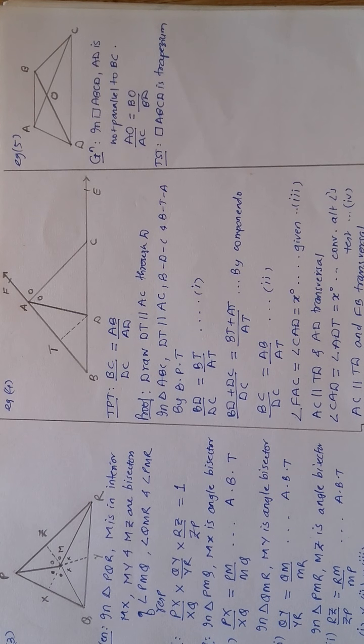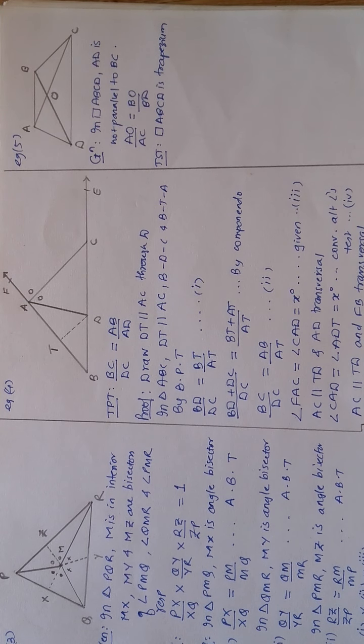Coming to the next question, a quadrilateral ABCD is drawn. The diagonals meet at point O. But one important piece of information is given, that AD is not parallel to BC. Remember, AD is told not parallel to BC.